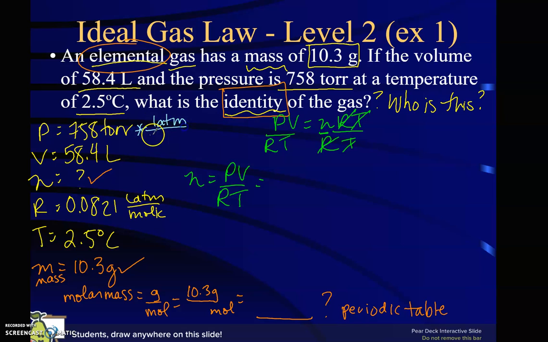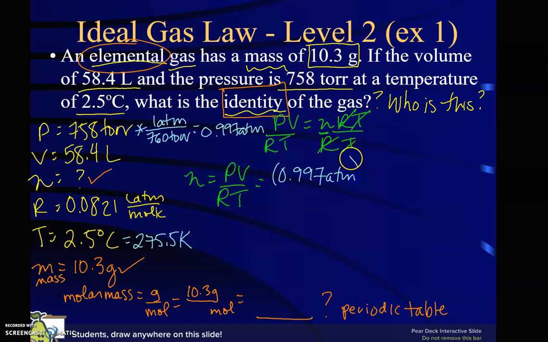So 1 atmosphere is 760 torr. So if we take 758 and divide by 760, that's when we get 0.997 atmospheres. And while we're at it, 2.5 degrees Celsius is equal to 275.5 Kelvin.